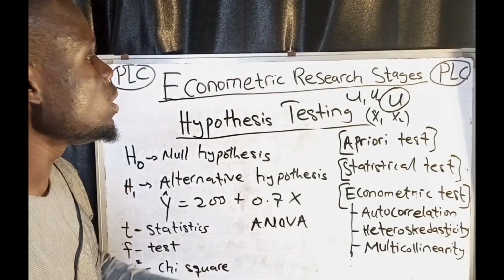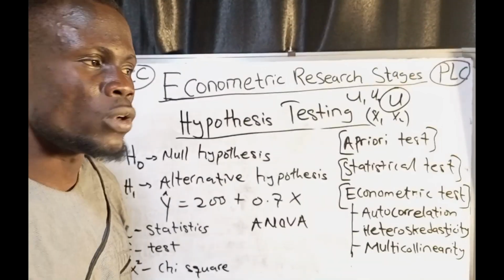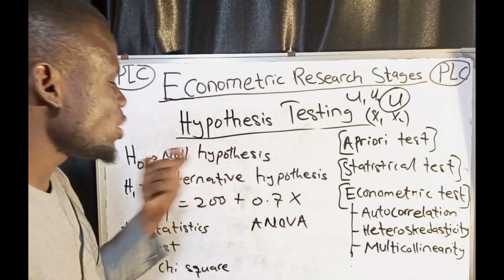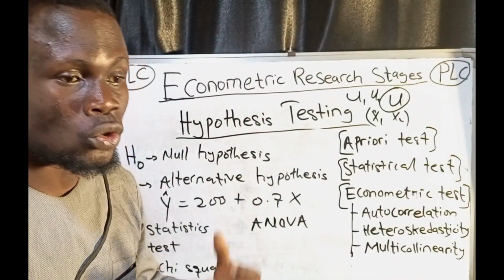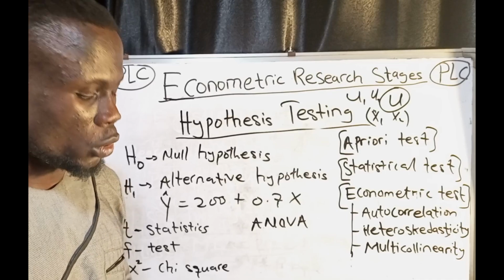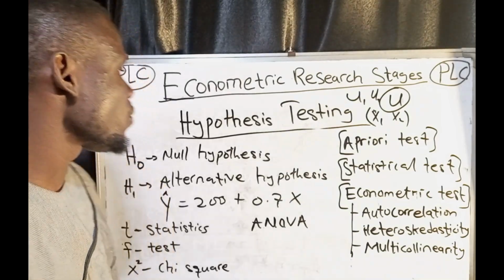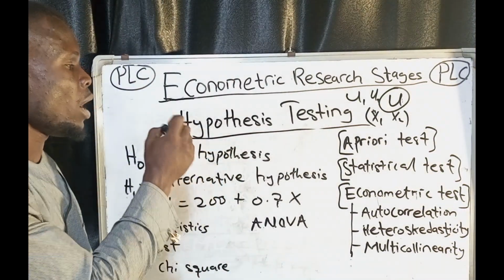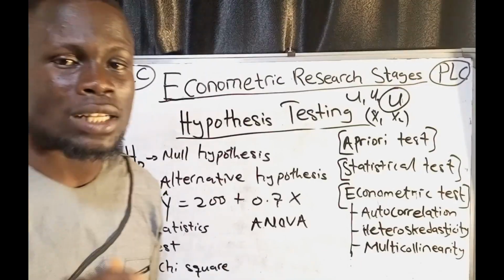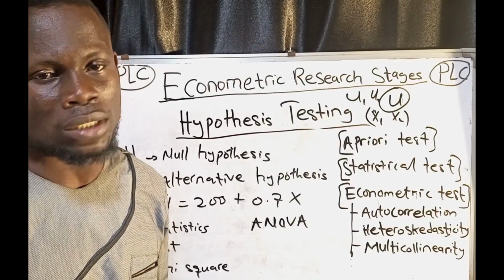If it is empirically verified, then we move on to the next stage, which is forecasting and prediction, which means our theory is reliable, it is useful, and we can adopt it in our forecasting, prediction, and policy formulation. But if it is not verifiable in the hypothesis testing, then that theory is refuted.